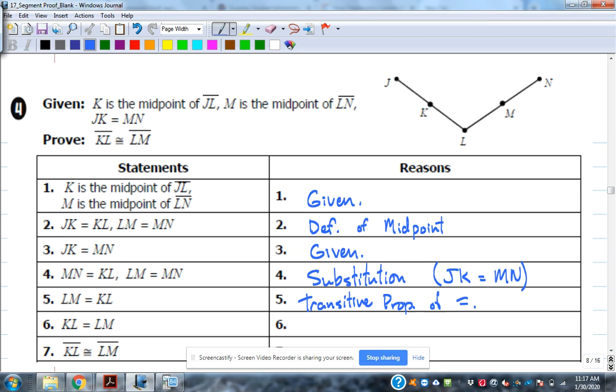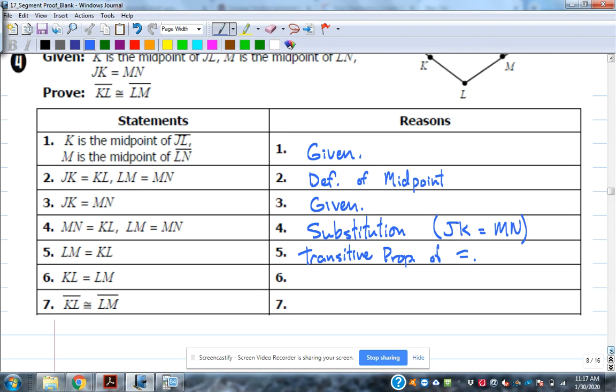And then it says KL is equal to LM. Yes, because what does symmetric do? Turns it around, flips it around. Symmetric property. And the last one, changing from measurements to objects, is definition of congruence.